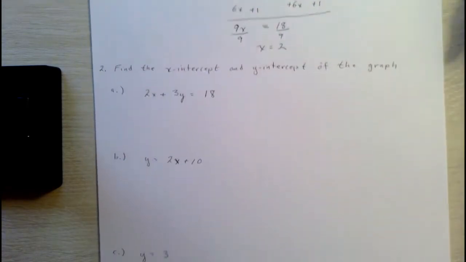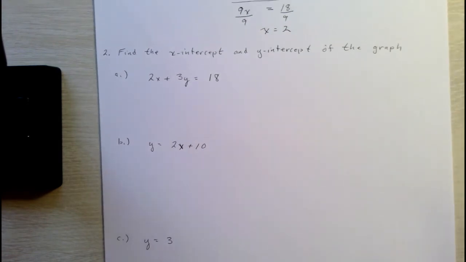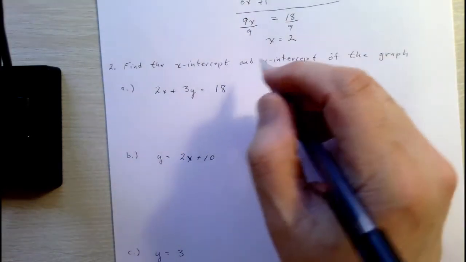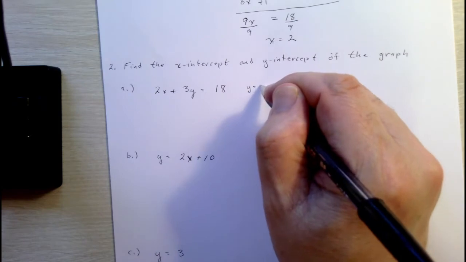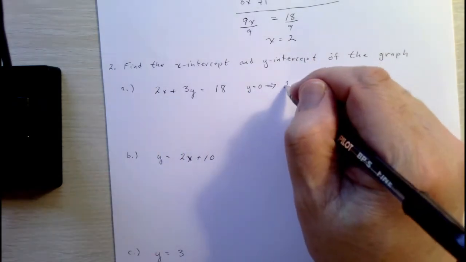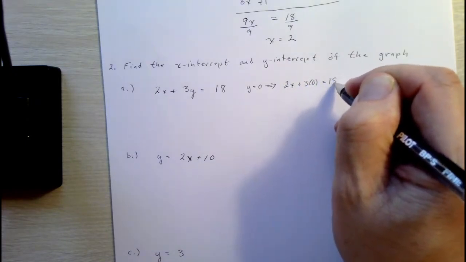Okay. To find the intercepts, basically you want to find the x-intercept, you set y equals 0 and solve for x. And then to find the y-intercept, you set x equals 0 and solve for y. So if you set y equals 0, then this becomes 2x plus 3 times 0 equals 18.